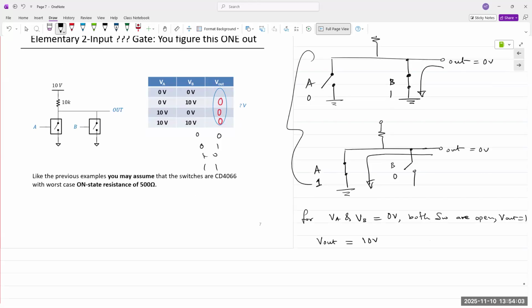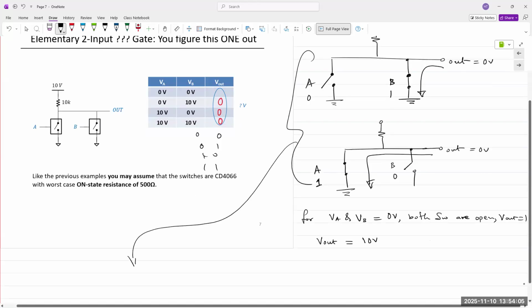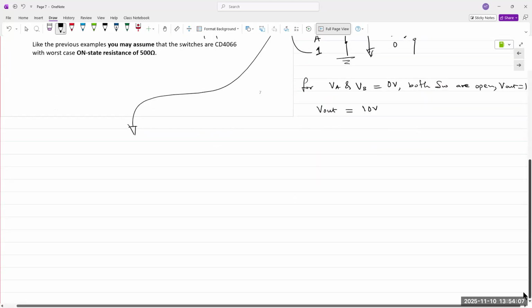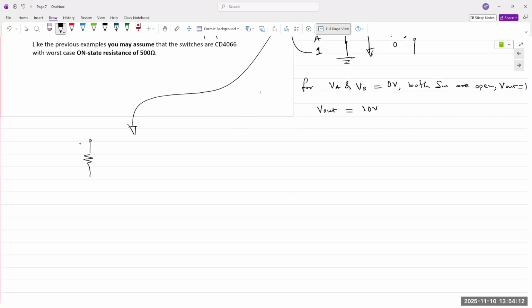So for both these cases, we have a 10 kilo ohm resistor. When only one of the inputs is activated, oh sorry, when one of the inputs is high, then you have a single Ron, meaning the turn on resistance for the switch, right?